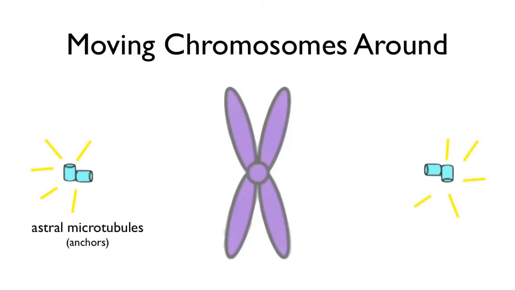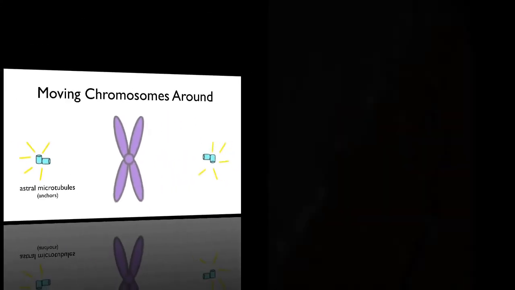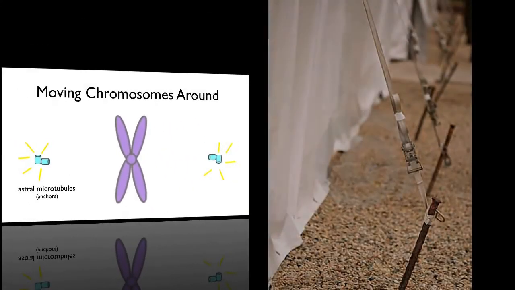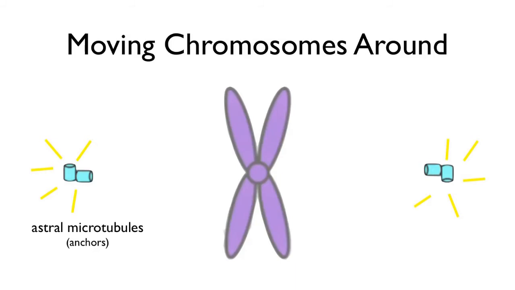You've got to hold them down so they don't move. And the structures that do that are called astral microtubules. Astral means star-like, right? Like an asteroid. Because that's what they look like. These are microtubules that anchor in the same way that stakes can be used to anchor a tent. So they're going to hold these centrosomes in place at either end of the cell.